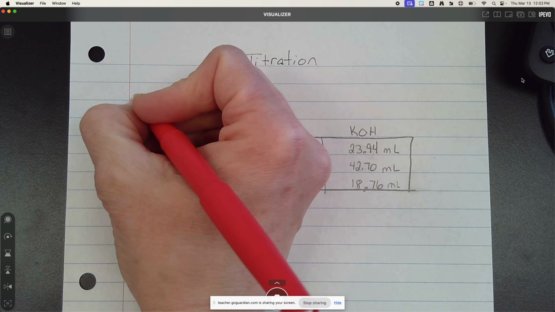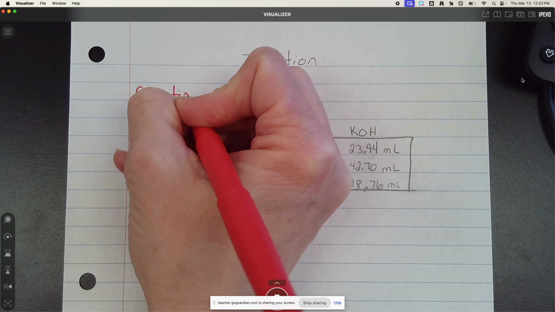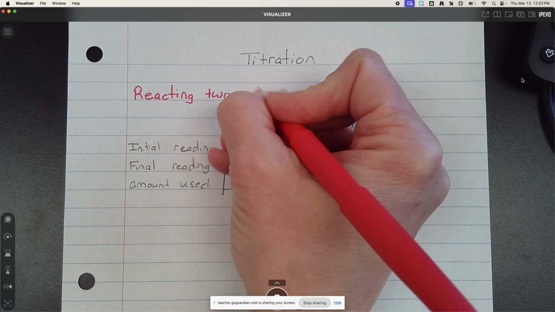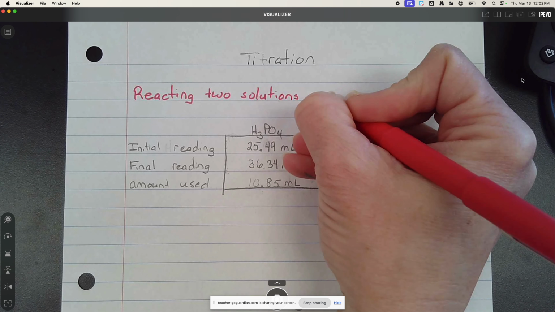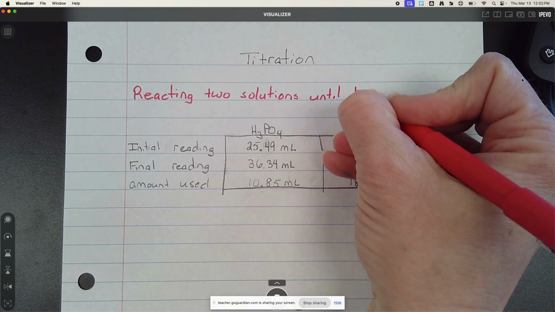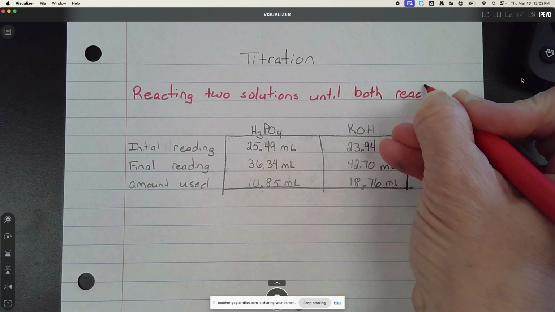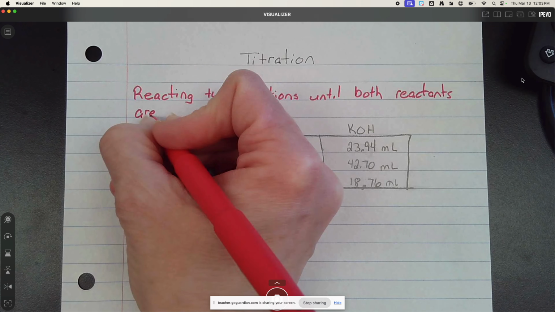Titration is the process of reacting two solutions until both reactants are exactly used up.